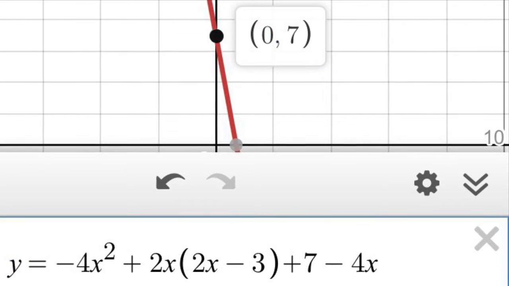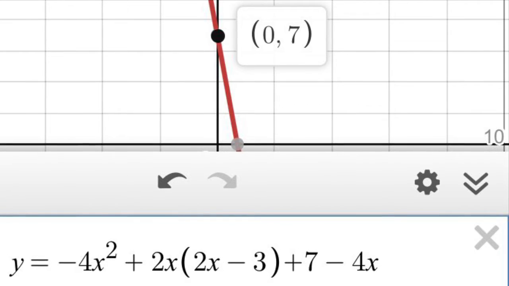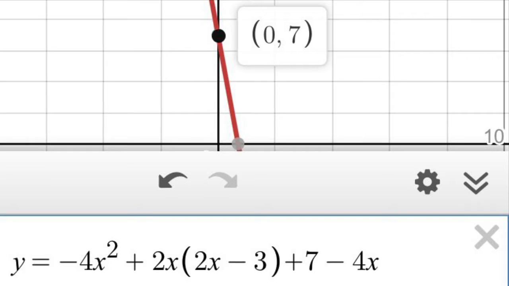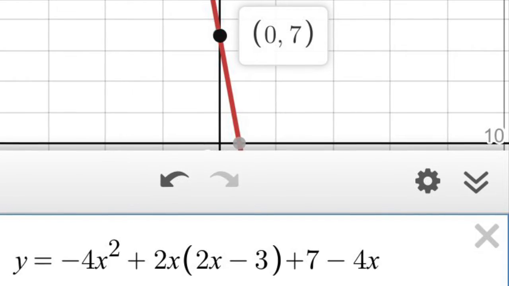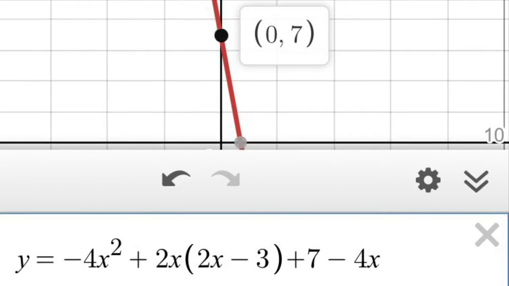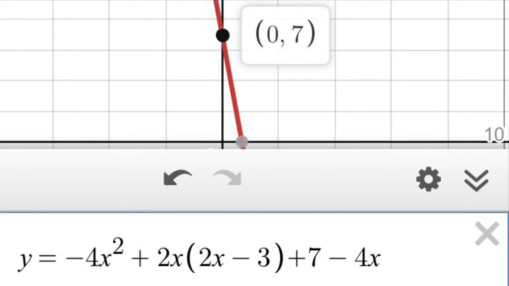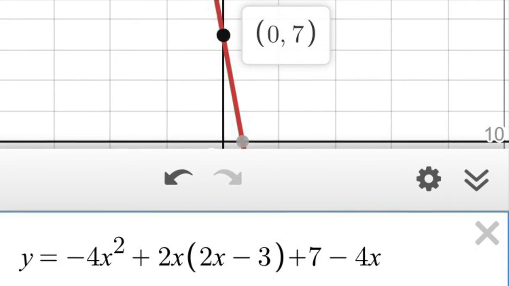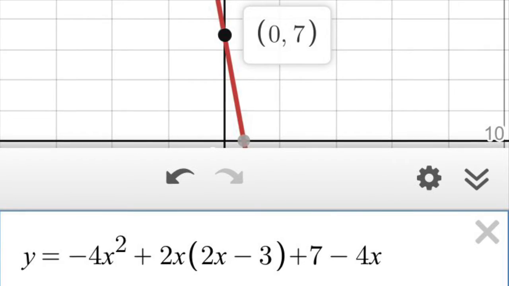What I think is really neat is if you go to Desmos and you enter your original expression, the one that was minus 4x squared plus 2x times 2x minus 3 plus 7 minus 4x, you still get a line that starts at 7 and is decreasing by 10 each time, because when you simplify that big long expression, the simplified version is just minus 10x plus 7.